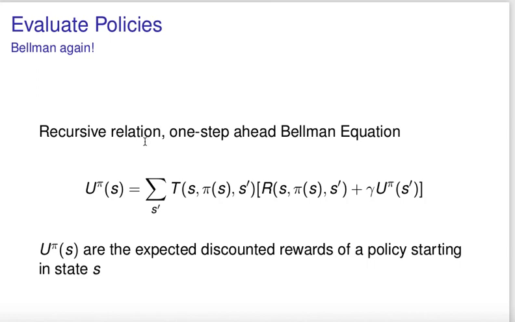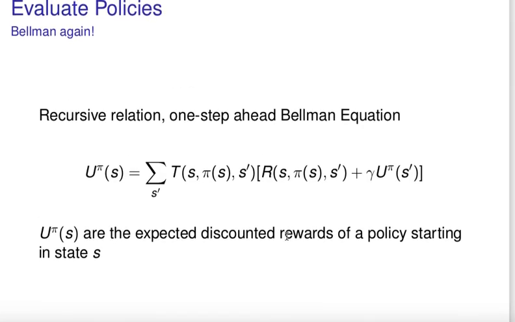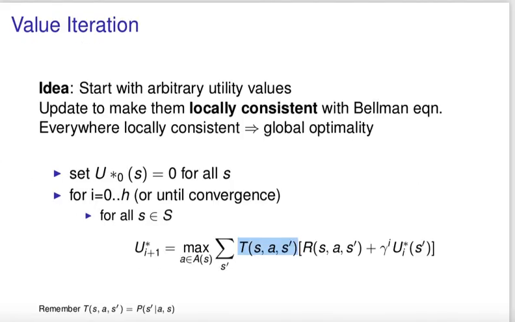So this equation is a recursive relation. It's one step ahead, because I'm computing the next one, right? And U^π(s) are the expected discounted rewards in a policy starting in state s. What I can do also, as I do these things, is hold this one constant, and look at the probability that resulted in the maximum sum here, right?